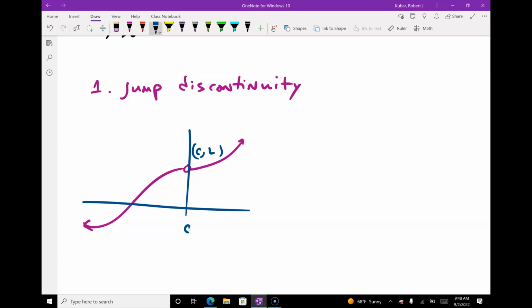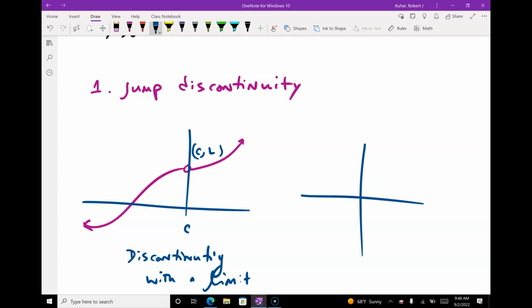So this is not a jump discontinuity, this is just a discontinuity. So this is a discontinuity with a limit, and this is my jump discontinuity.